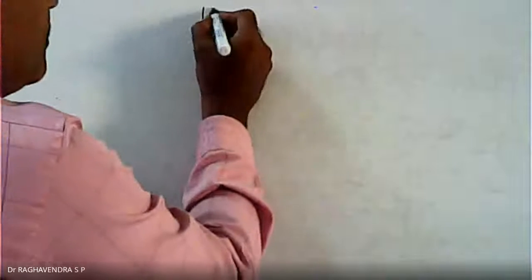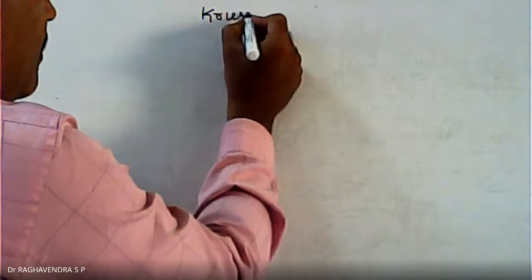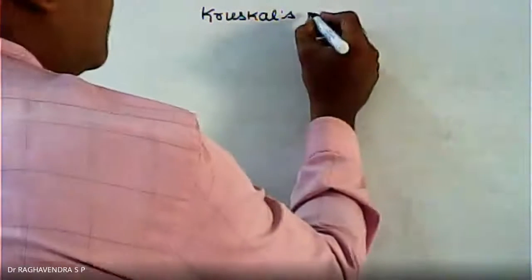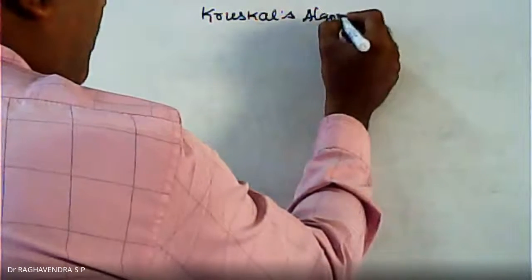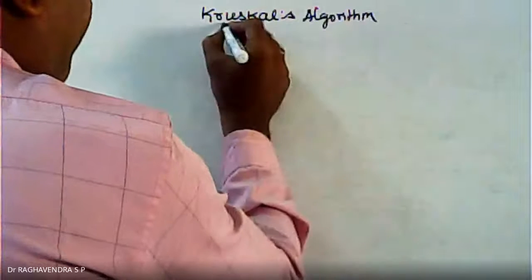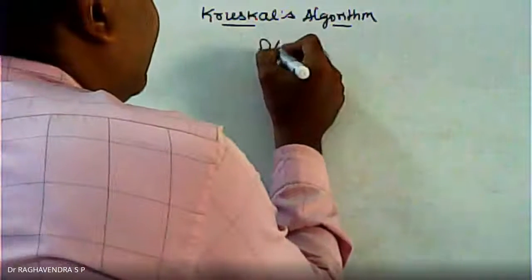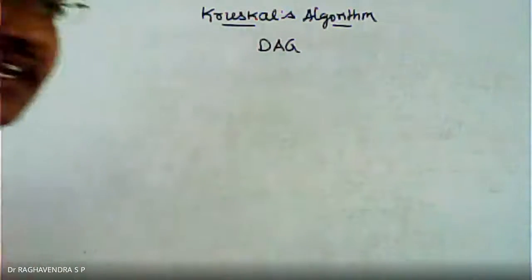So next is Kruskal's algorithm. Okay, Kruskal's algorithm. Once again, the algorithm is used to find the minimum spanning tree, provided that we have an undirected acyclic graph.